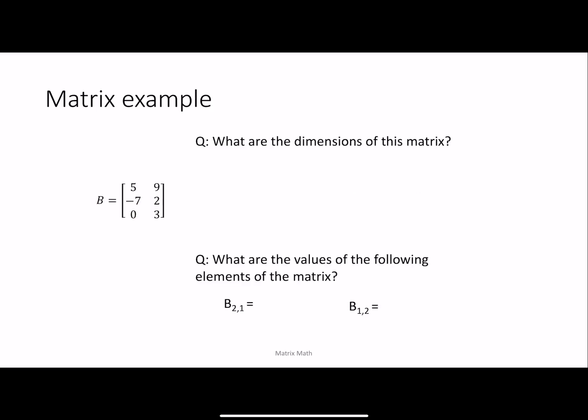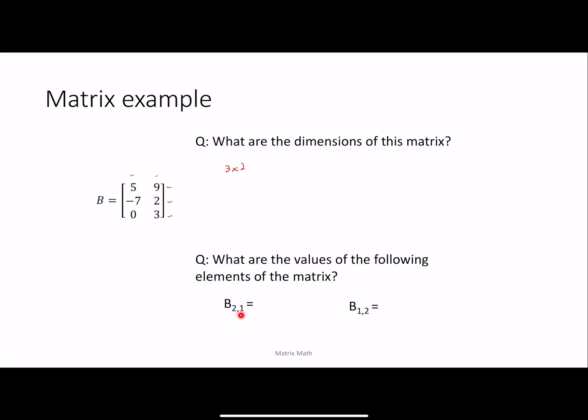So here we can talk about matrices having dimensions or sizes. In this case, we have 1, 2, 3 rows and 2 columns, 1, 2. So we say that this is a 3 by 2: the dimensions are size 3 by 2, meaning 3 rows and 2 columns. The entries of this matrix are referred to in a particular way, where again the first index refers to the row.